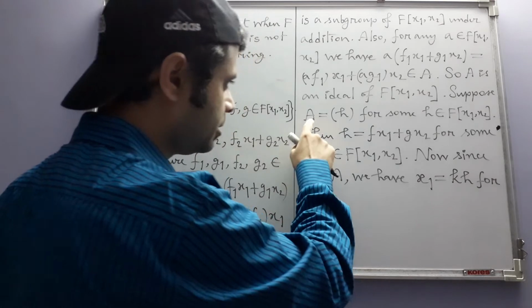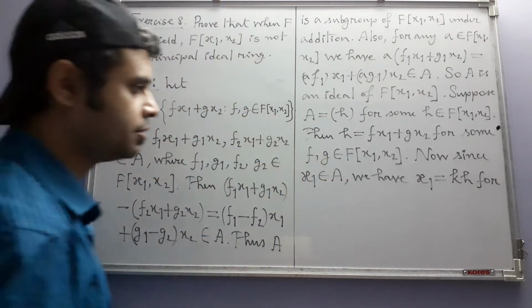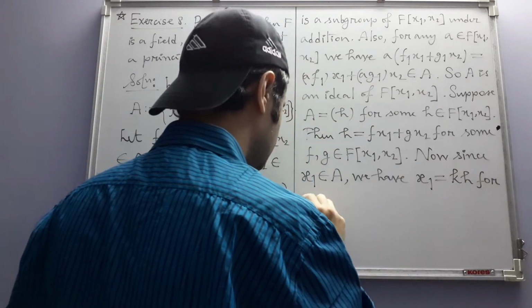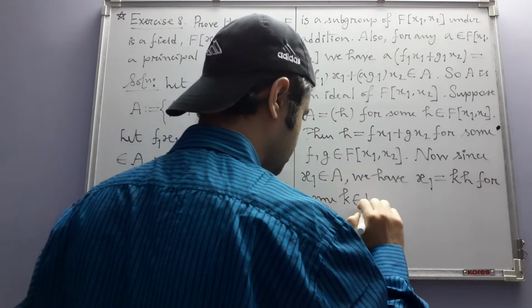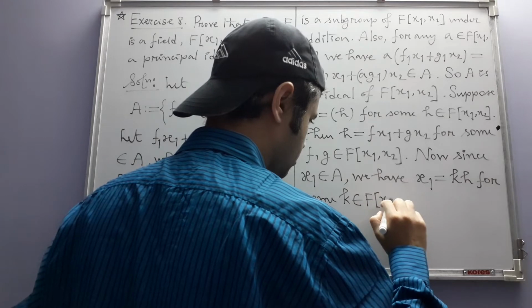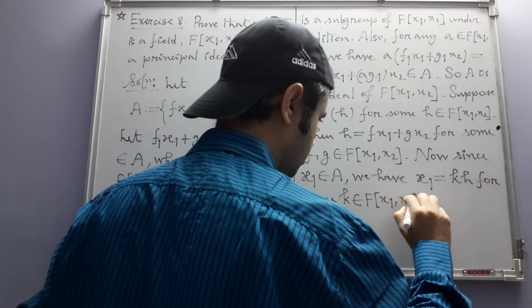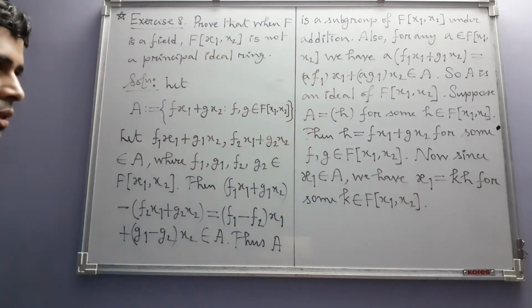So every element in A is a multiple of h for some k belonging to this.